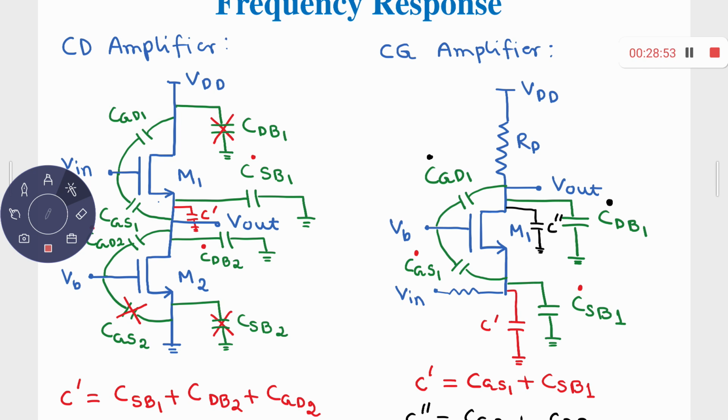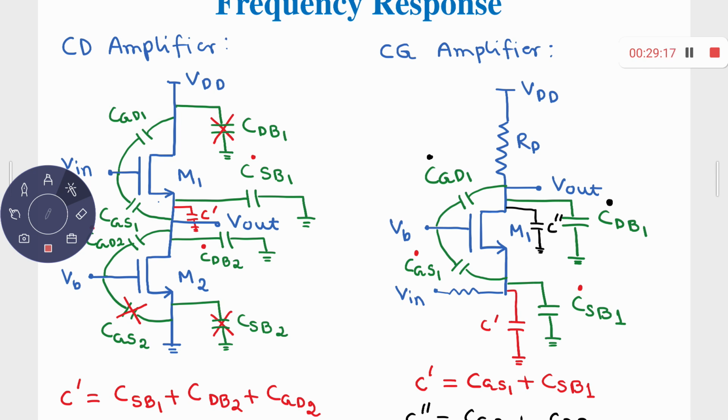Out of those 4 capacitors, can you neglect any of them? CGS1, CGD1, CSB1, and CDB1? Yes or no? Can you neglect any of them for common gate amplifier?